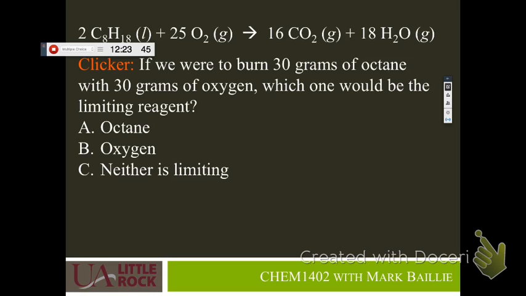Let's try to do the same thing. If we used up all of the oxygen, what's the most we could possibly make in terms of CO2? How do we use that information then to determine which is the limiting reagent? Well, the one you make the least. Say again? The one that makes the least amount. The one that could make the least. Yeah. Okay, so that's one way to do it. So do you guys want to write that out?